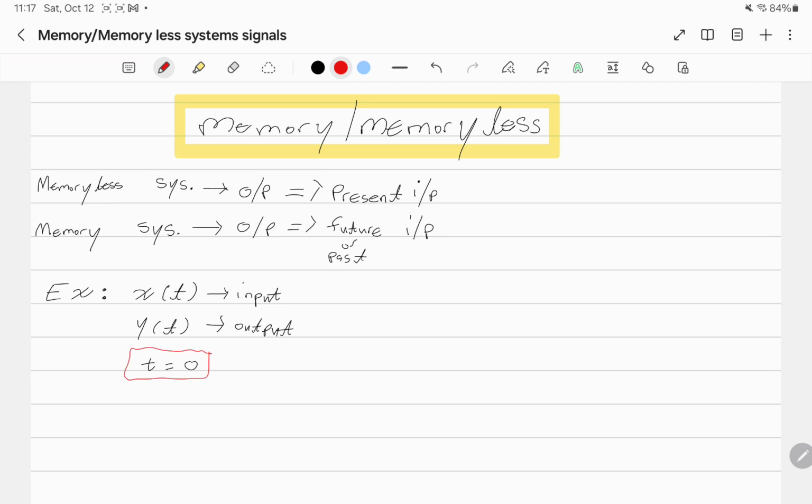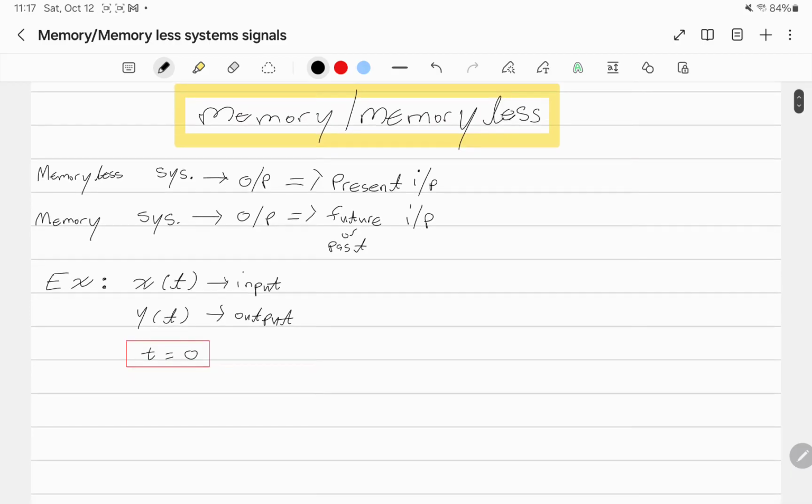So t equals 0. And let me just put this on a scale. So we have 0, 1, 2, 3, and then we have -1, -2, -3. And the 0 would be our present value.